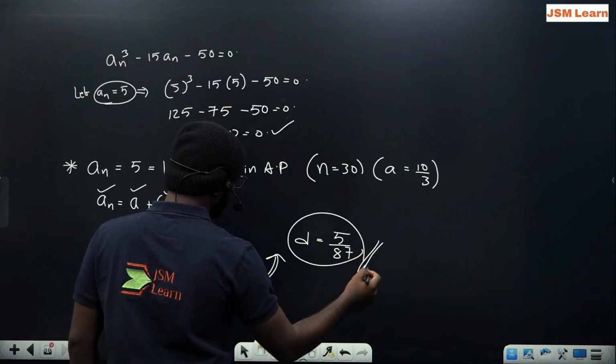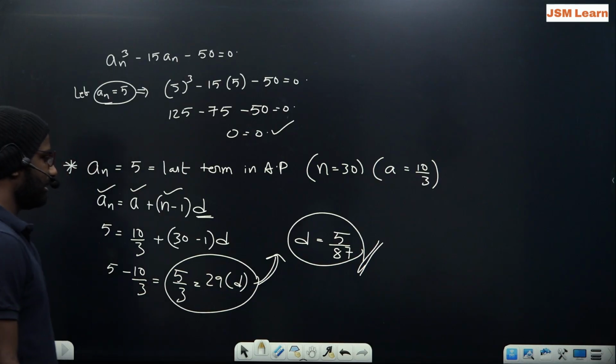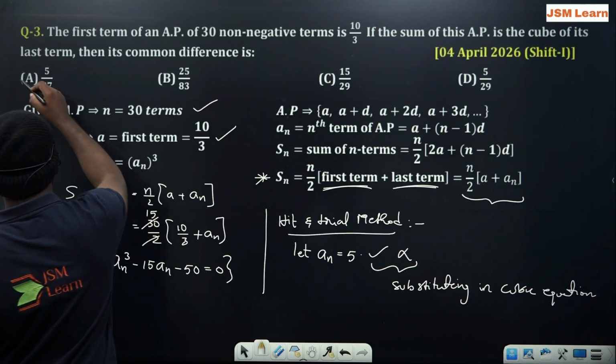So the common difference of this given AP is 5 by 87.